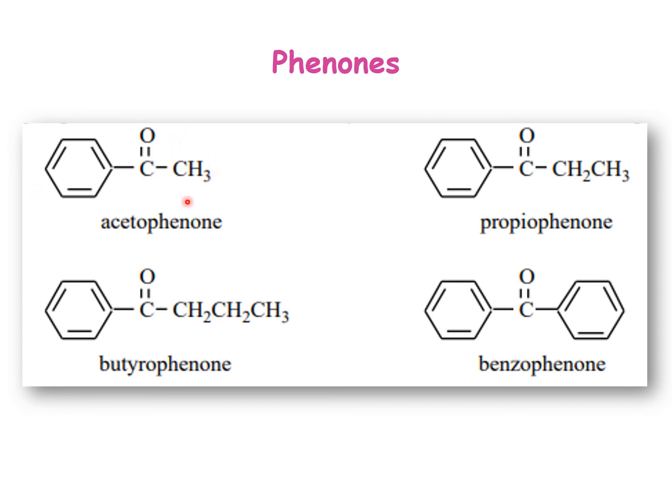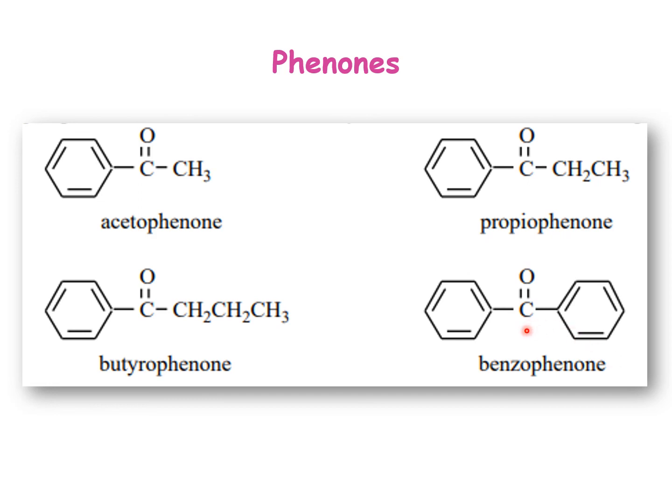When we have a substitution of methyl, it is acetophenone, because here this is the acetyl group, and if we replace this benzene ring with CH3, it will become acetone. So acetyl group along with benzene gives acetophenone. Similarly, this is butyrophenone, this is propiophenone, and this is benzophenone.